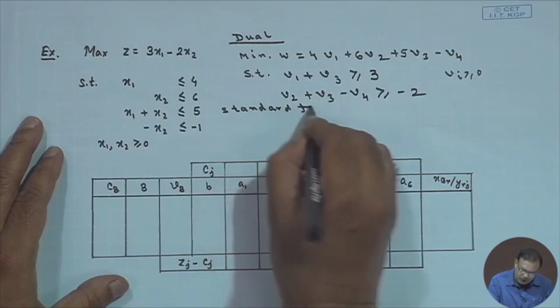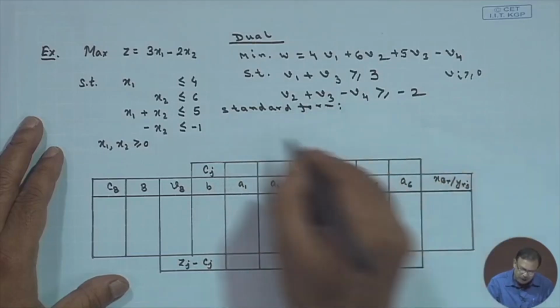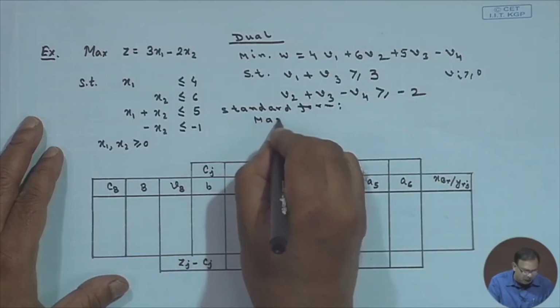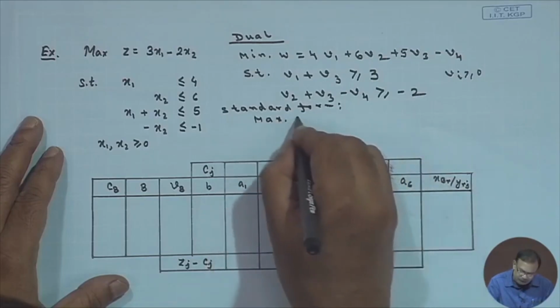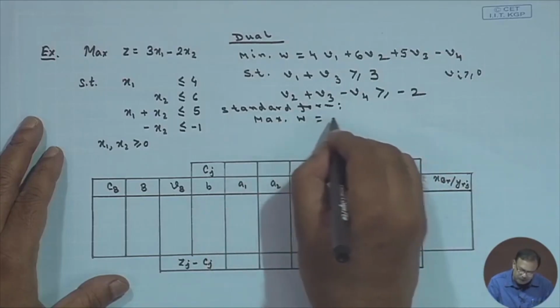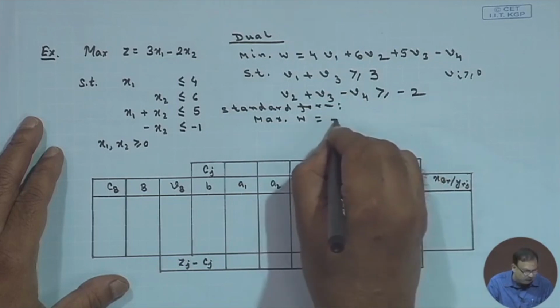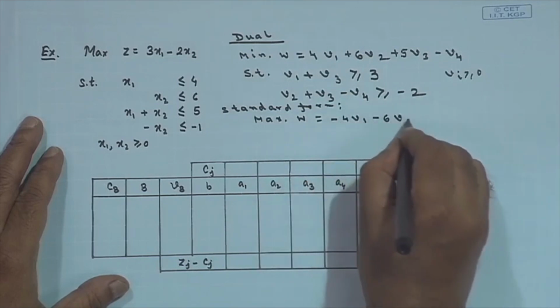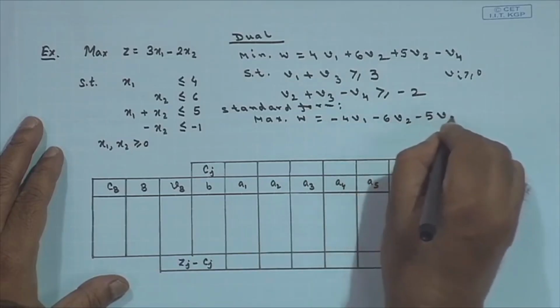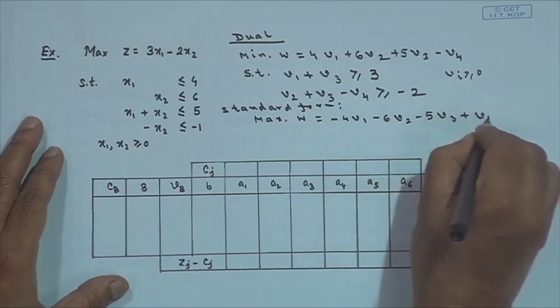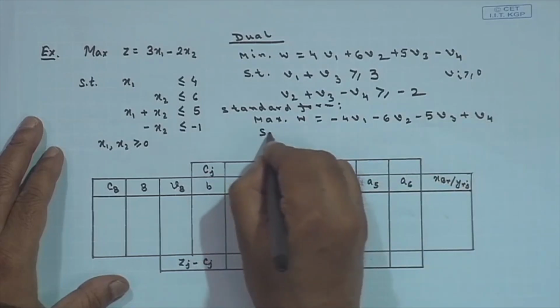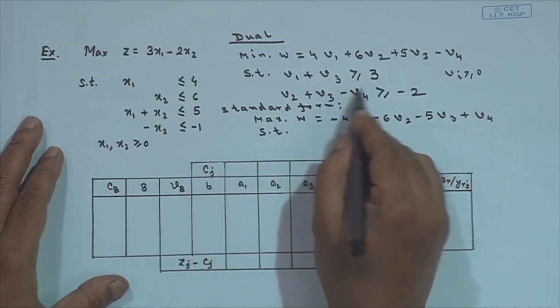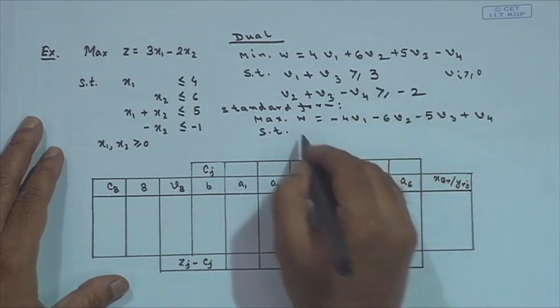The standard form I am writing of this dual problem: maximize, say, W equals, I am making a maximization problem, minus 4 V1 minus 6 V2 minus 5 V3 plus V4, subject to, since I am making less than or equal, I have to add the slack variables.